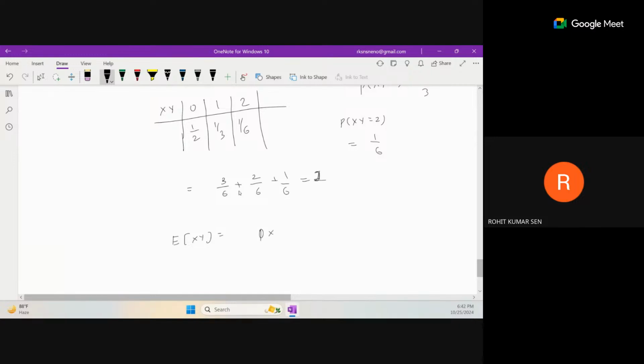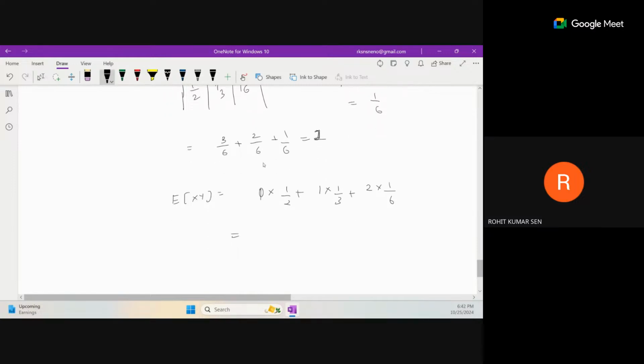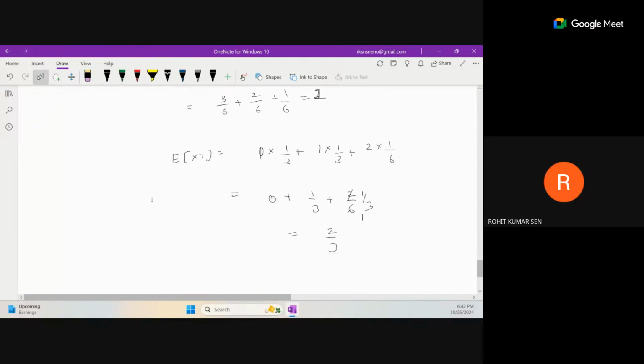It is 0 times the probability of xy equal to 0, which is 1 by 2, plus 1 times the probability of xy equal to 1, which is 1 by 3, plus 2 times the probability of xy equal to 2, which is 1 by 6. So it is going to be 0 plus 1 by 3 plus 2 by 6, which is 2 by 3. It will become 1 by 3 plus 1 by 3.